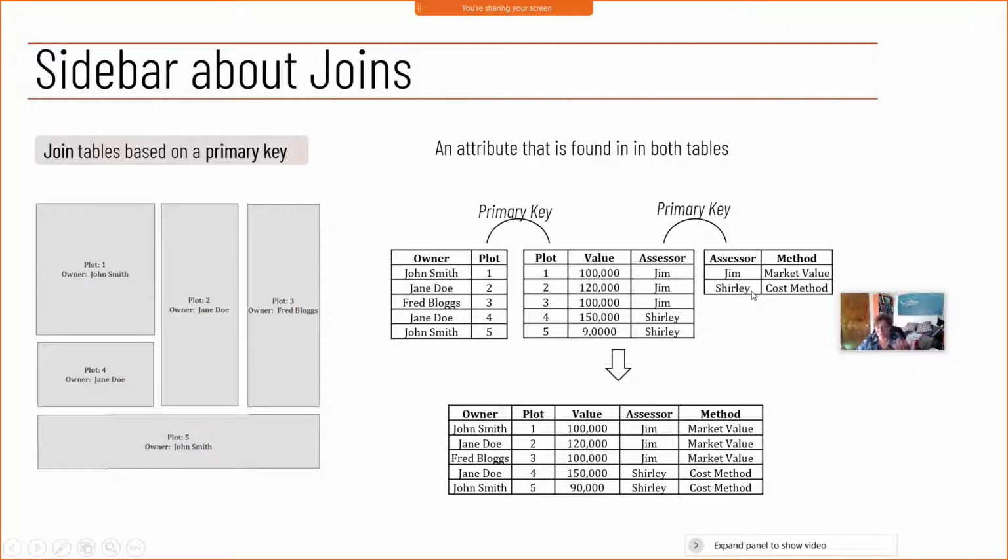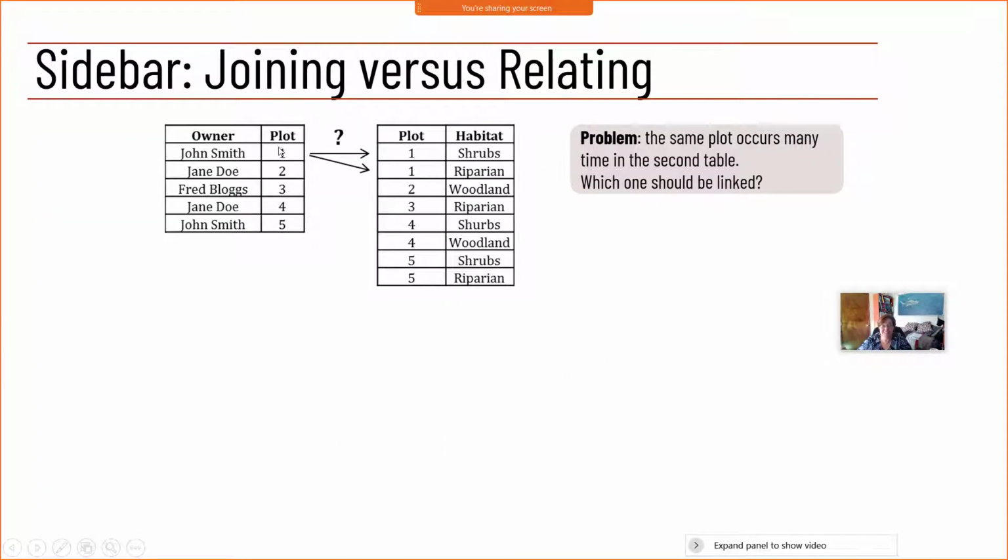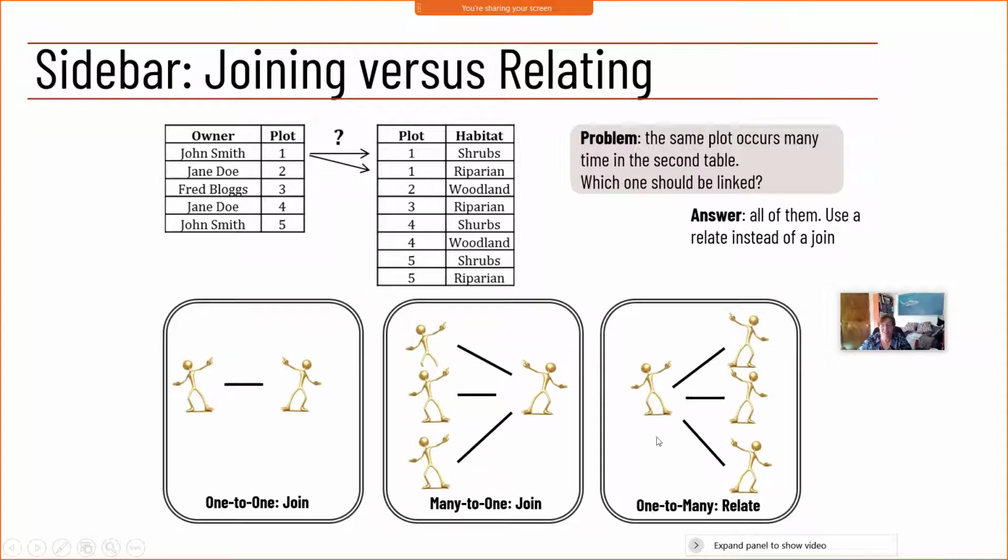The problem arises in this case when we have what's called a one-to-many relationship. For this one plot, we have two different types of habitat and we don't know which one to join in. If you were taking a full-on GIS class, we'd say, oh, you need to use a relate. But with this in mind, let's take a look and see what's happening with our surveys.